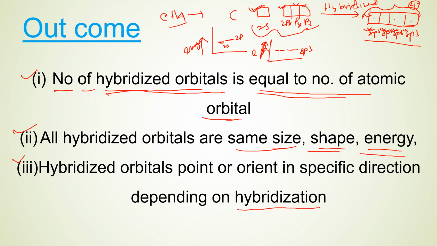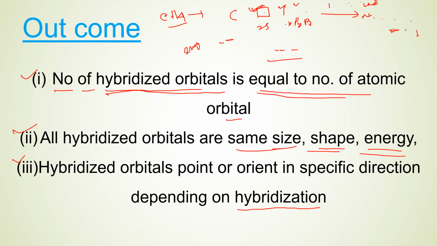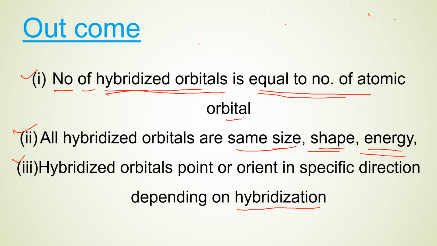If I elaborate on this, if you see the shape of the hybrid orbitals and the atomic orbitals, then we can clearly distinguish that hybrid orbitals point in a specific direction. So again, I'll take the example of CH4. Here carbon has 6 electrons. Again, I'll draw this: 2s2 and 2p2.